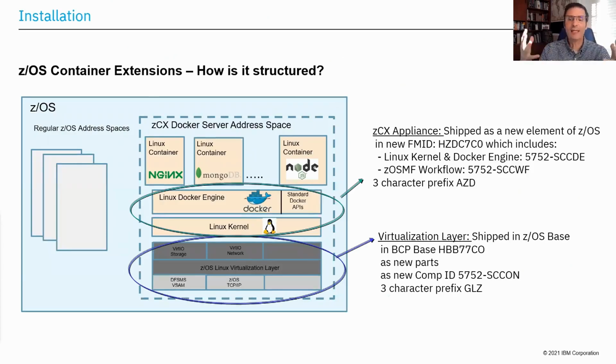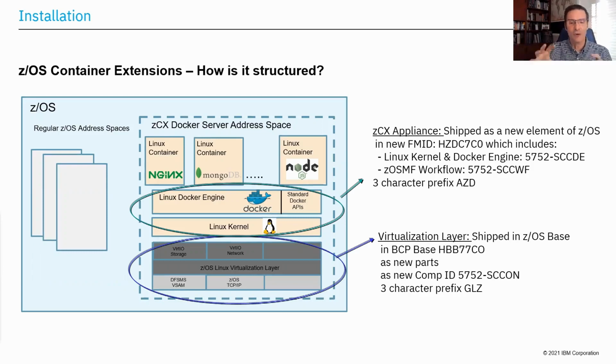So the first thing we need to understand is how zCX is structured. Parts of the zCX code ship in one FMID and some ship in another FMID. Let's start from the bottom here. The zOS Linux virtualization layer is actually shipped as part of the zOS BCP. So in zOS 2.4, the FMID is the standard HBB77C0, which is the FMID of the zOS MVS BCP itself.